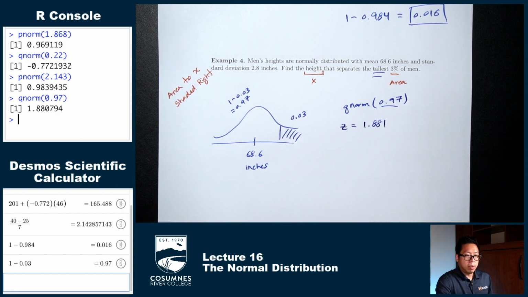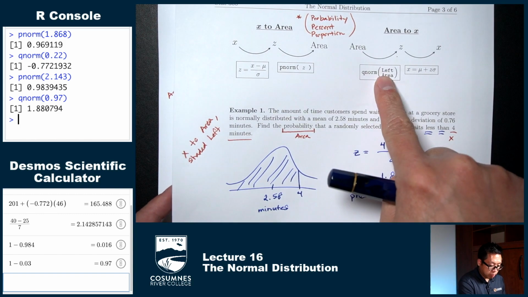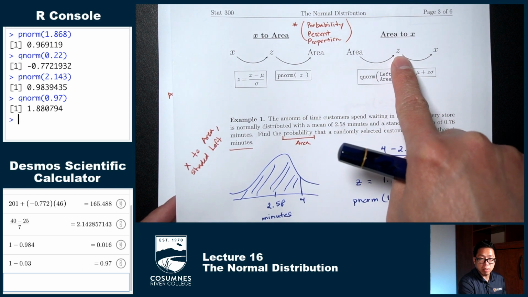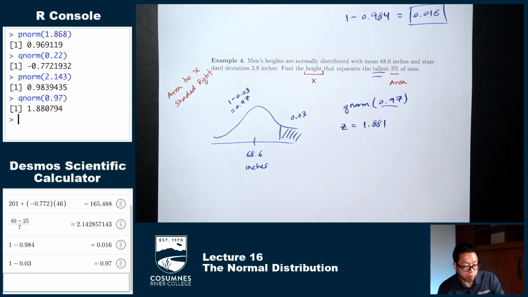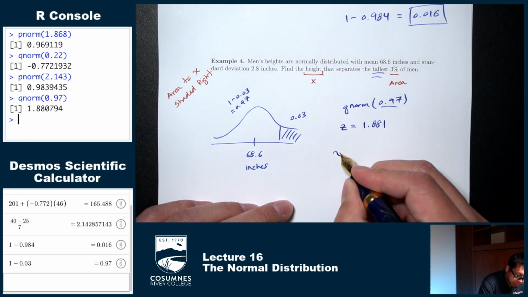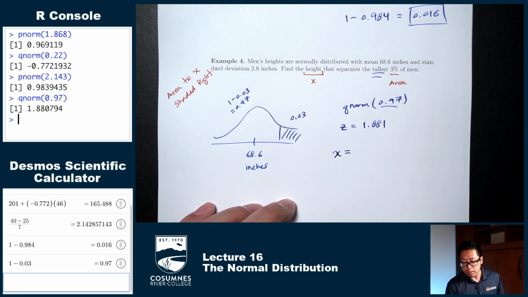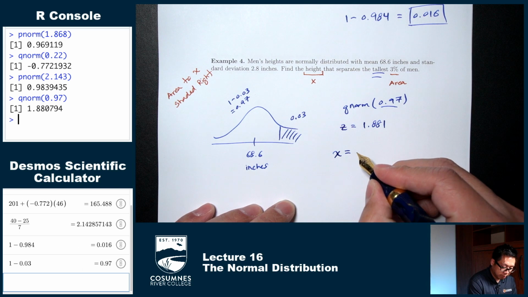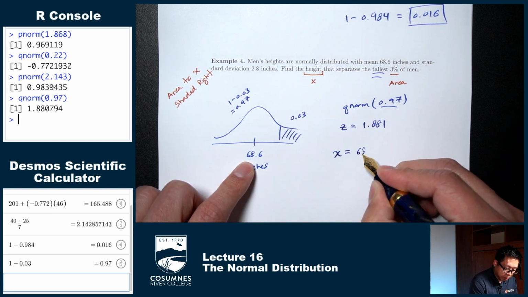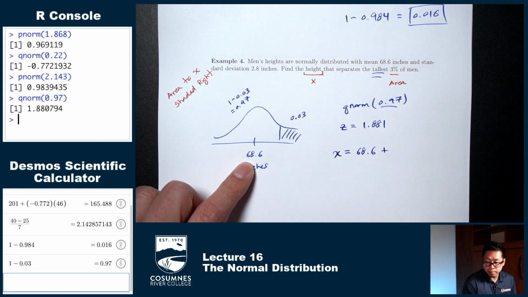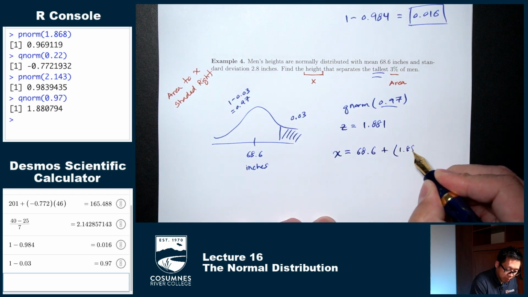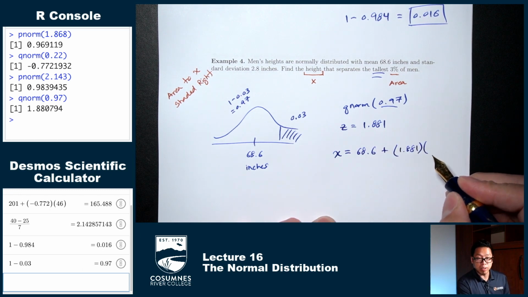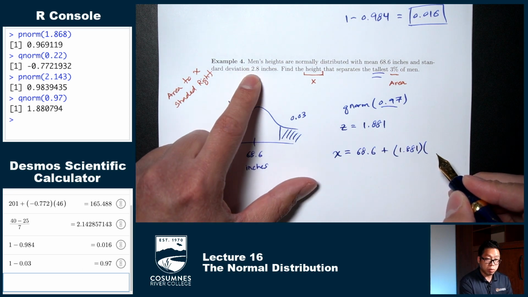All right, so we just did the Q norm. That got us to Z. Now we go from z to x by doing this x formula. So x equals, okay, formula says mu, the mean, what's the mean? 68.6 plus z, our z is this 1.881, times the standard deviation, 2.8.